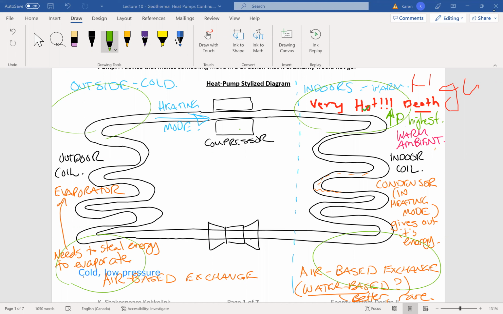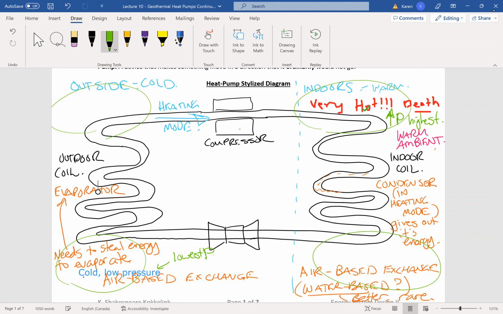Race me. So I would say that, oh, somebody did this. This is great. It's going to be very cold here, and it's going to be low pressure because it just got expanded. So lowest pressure.